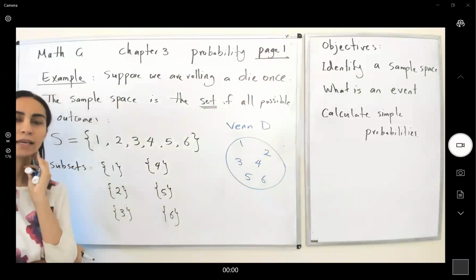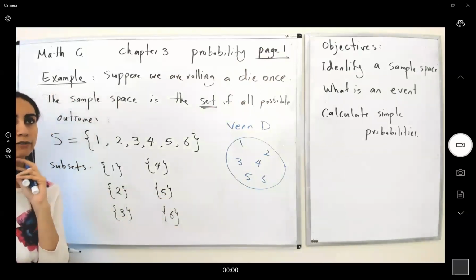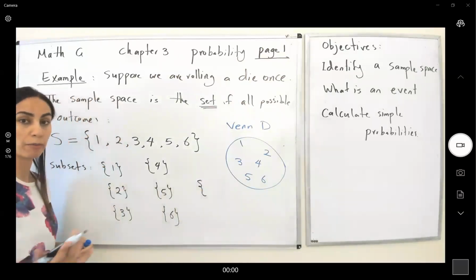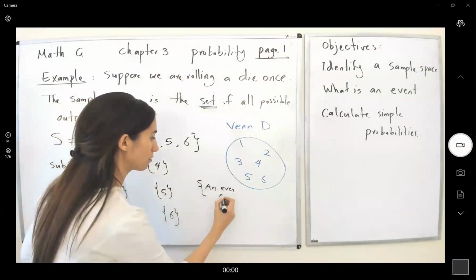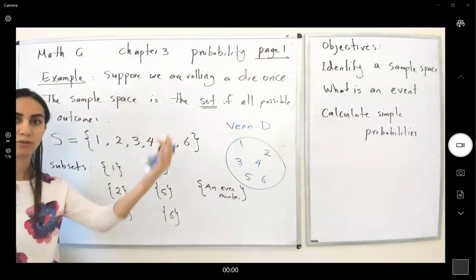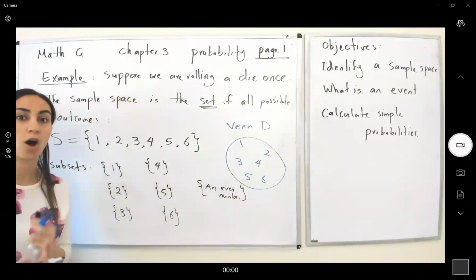Let's say, hey, I'm going to think about even numbers. Very well. It might be an even number, or you're thinking about the general concepts, it might be just an odd number.